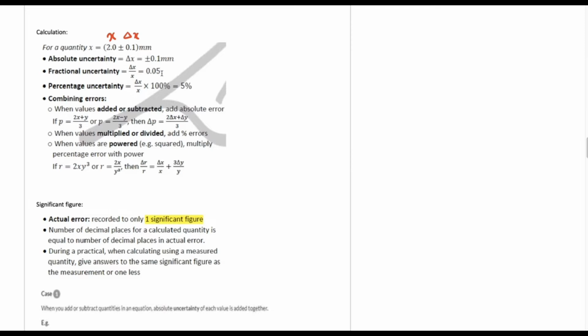So you get the fractional uncertainty. If you want to find percentage uncertainty, we just take the fractional uncertainty and multiply with 100. Multiplying this by 100, you get 5. You write it as 5%.